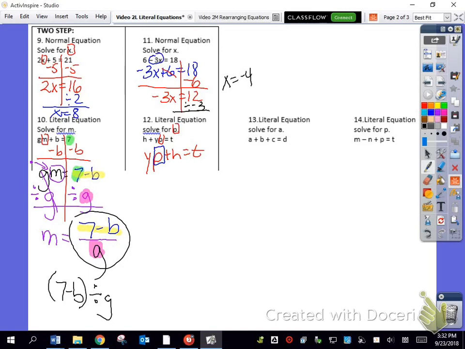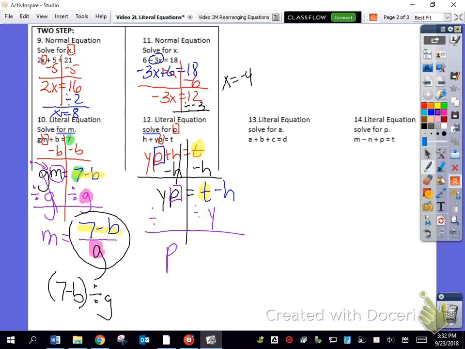So right here, the opposite of adding h would be subtracting h. So I've got yp equals, now remember you have to start from the top, so I have to put t first. So I'm going to say t minus h. And then the opposite, here's my p, the opposite of multiplying by y is to divide by y.